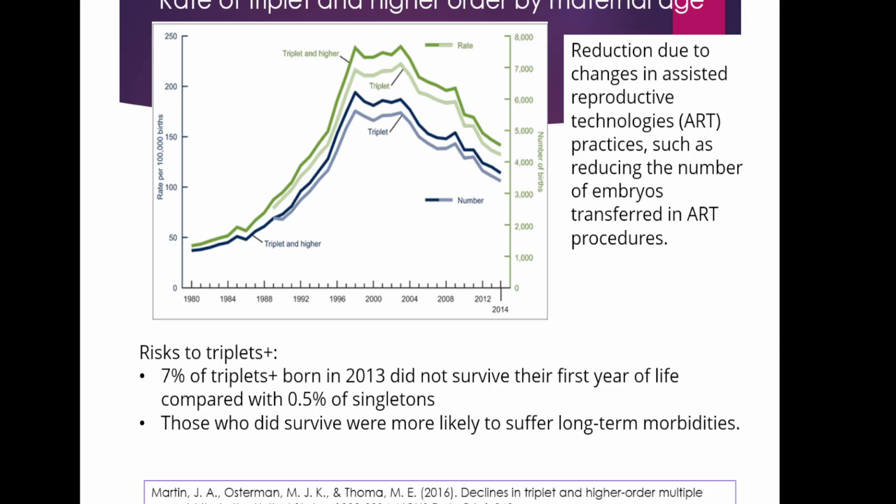So you'll notice if you look at the rate of triplets prior to the advent of these kinds of assisted technologies, the rate per 100,000 births is on the left, and so you see that it's less than 50 triplet or more sets per 100,000 births. That's the blue line. If you look at the right-hand y-axis, what's that called?